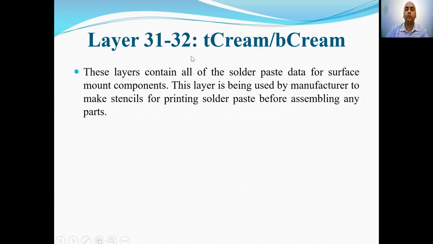Layer 31 and 32 are called top cream and bottom cream. These layers contain all of the solder paste data for surface mount components. This layer is used by manufacturers to make stencils for printing solder paste before assembling any parts of the PCB.